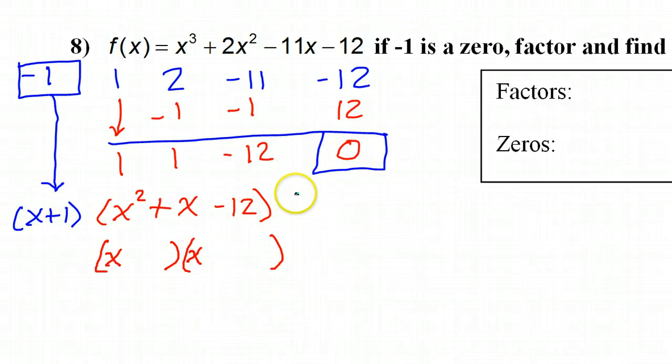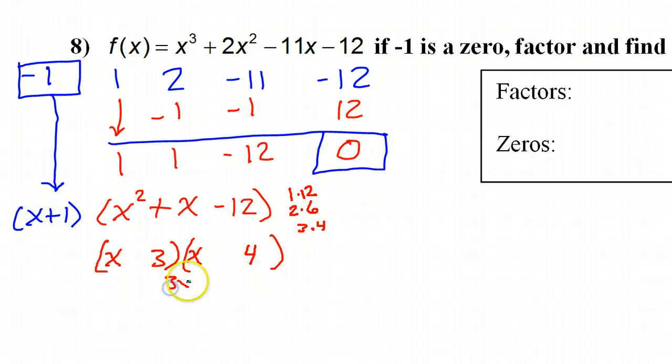12, all right, I'm looking at 12 and I'm thinking that is either going to be 1 times 12, or it's going to be 2 times 6, or it's going to be 3 times 4. All right, that's it. But looking at the middle of positive 1, I'm thinking 3 times 4 is going to be the one.